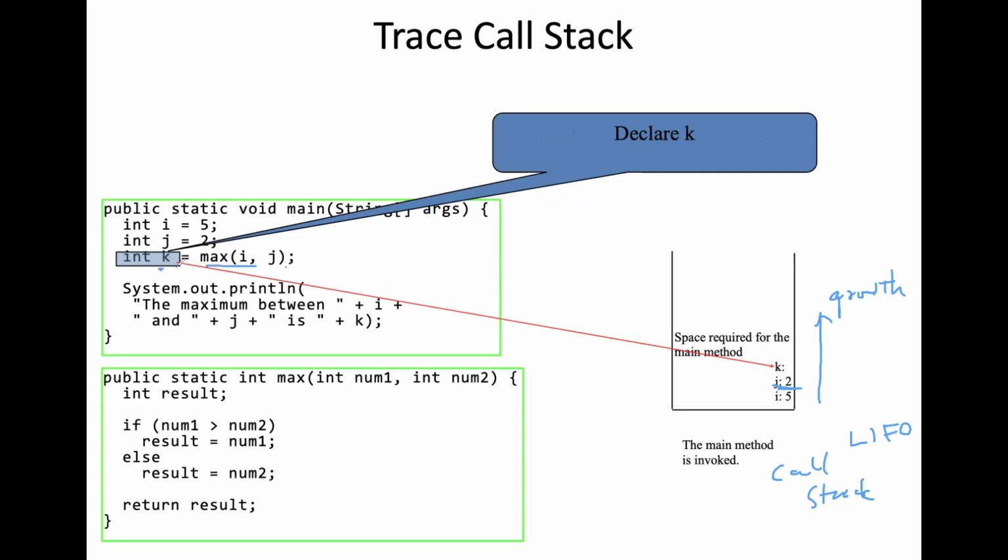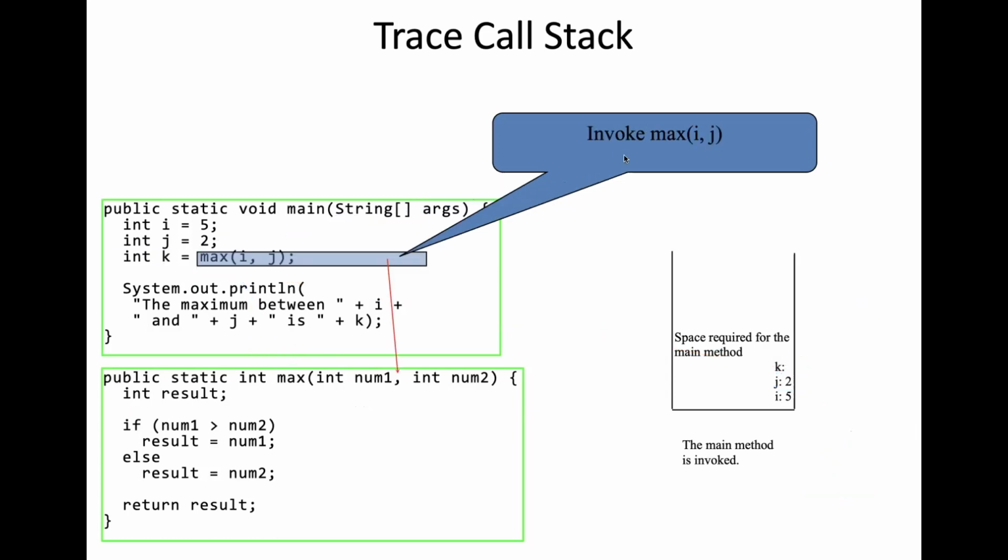Since k does not have anything before the max is complete, we simply store k here, and the value is undefined. This is what happens when you just declare a variable. Upon declaring k, we have this assignment, which then invokes the method defined here.